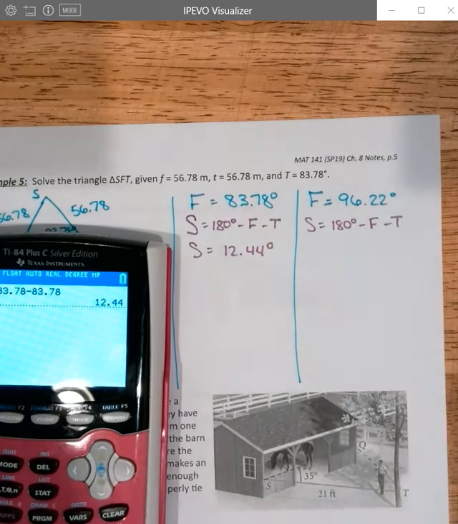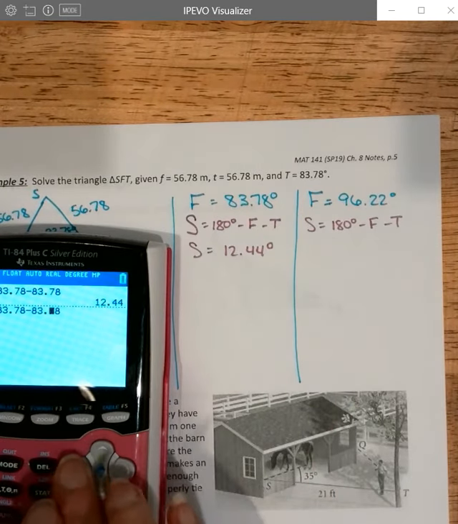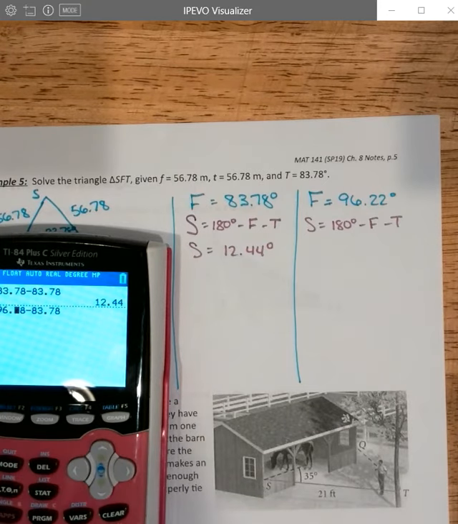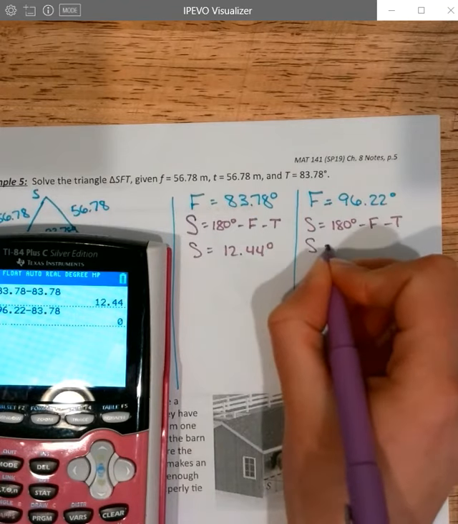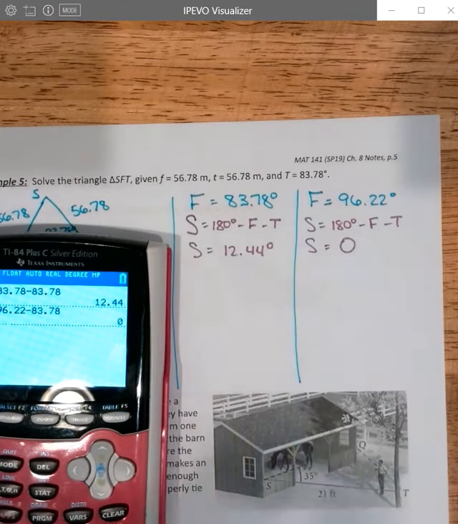And if we try this again, but we're subtracting F being 96.22 degrees, this gives us an S value of 0.